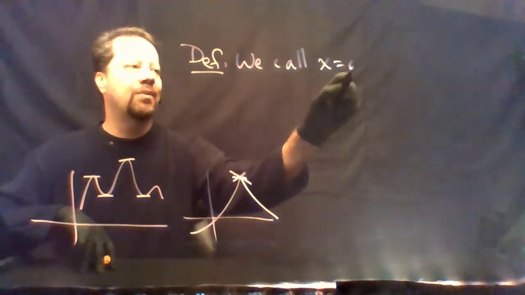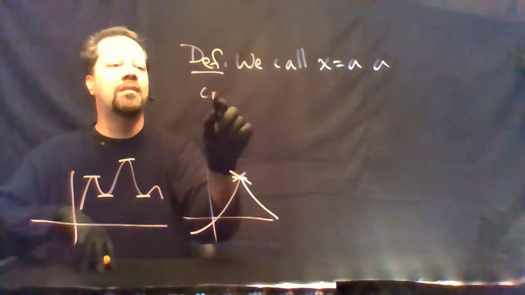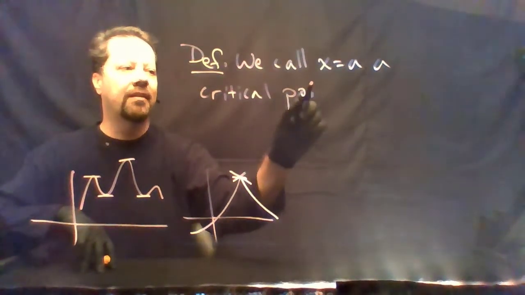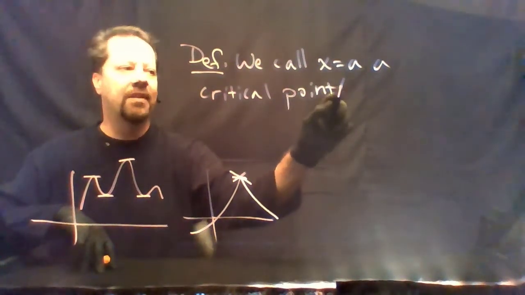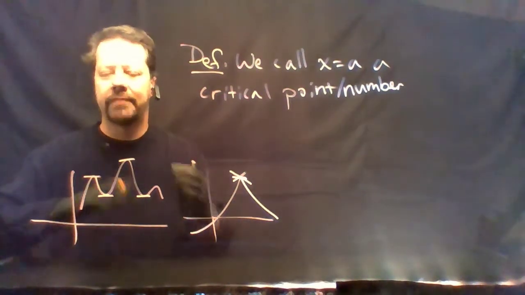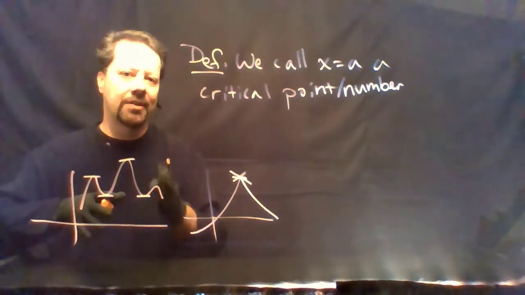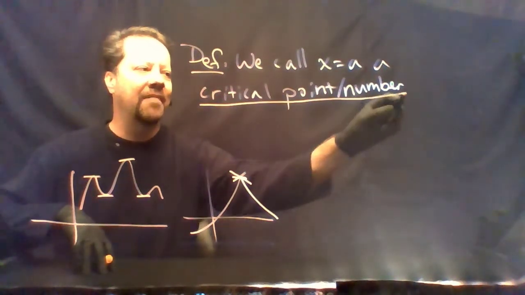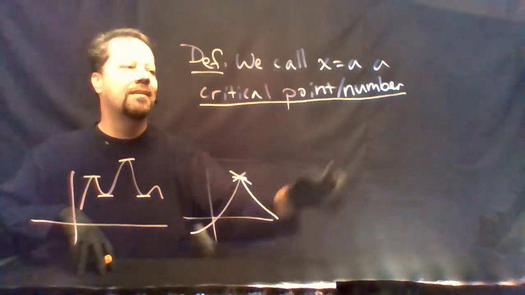We call x equals a a critical point, or sometimes a critical number, because technically it doesn't have both an x and y coordinate, just an x coordinate. In calculus 3, these will be points.